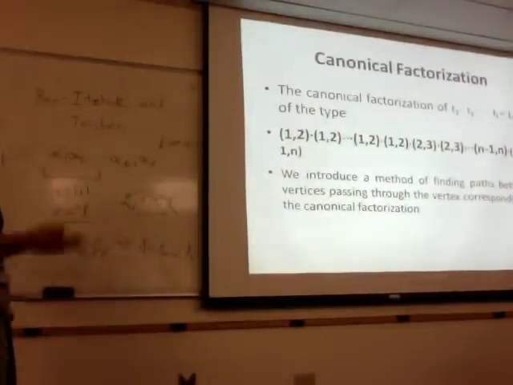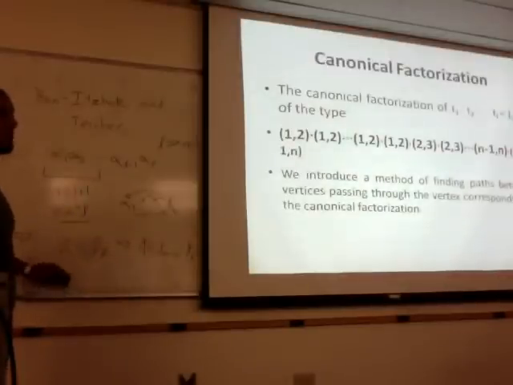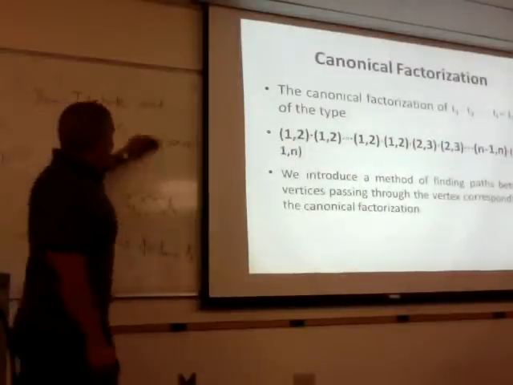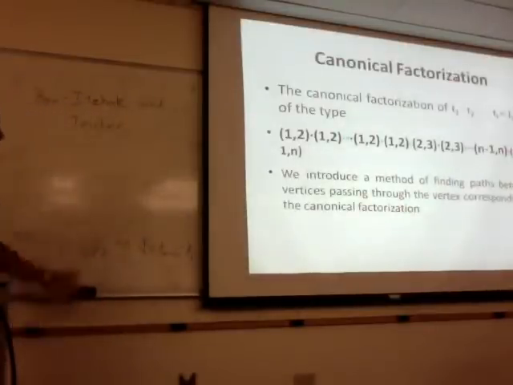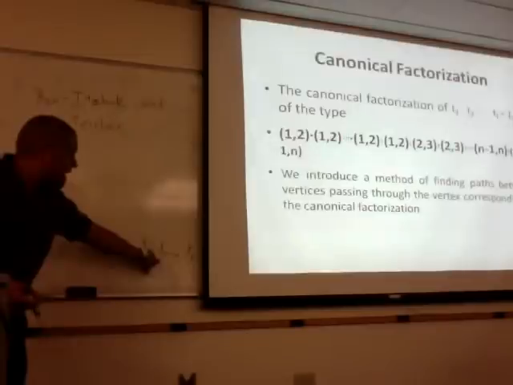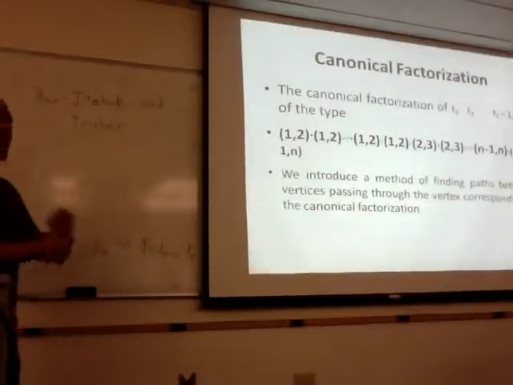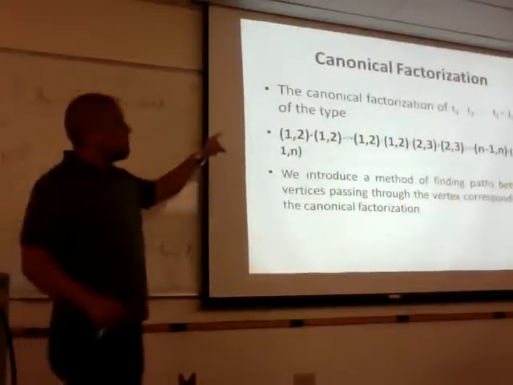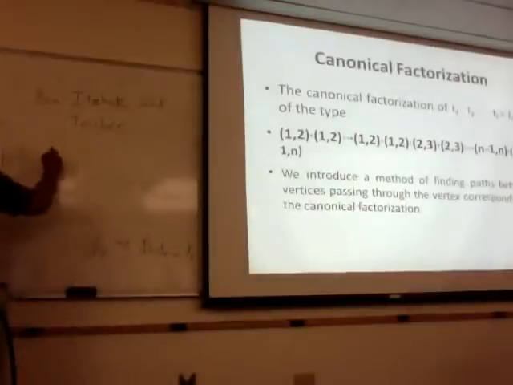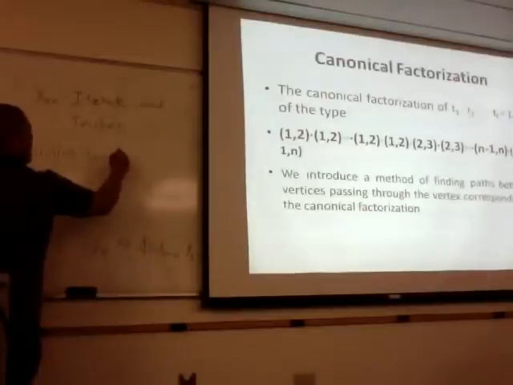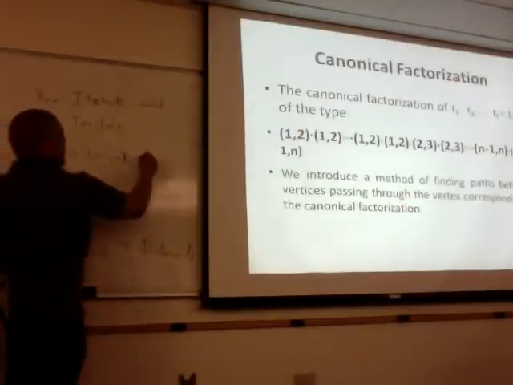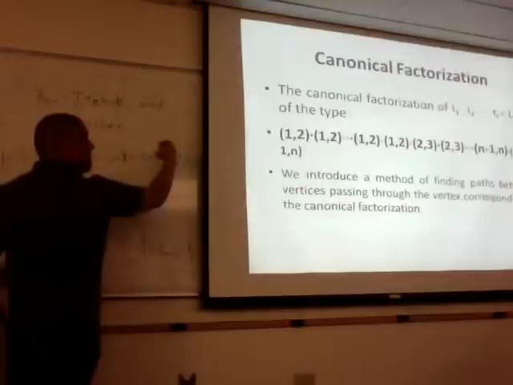And here's where the ingenuity comes in. What I end up doing is I know that within n squared moves, I can turn this into this form: 1, 2, 1, 2, and so on, n minus 1, n minus 1, n, and the rest are all different, these gammas.